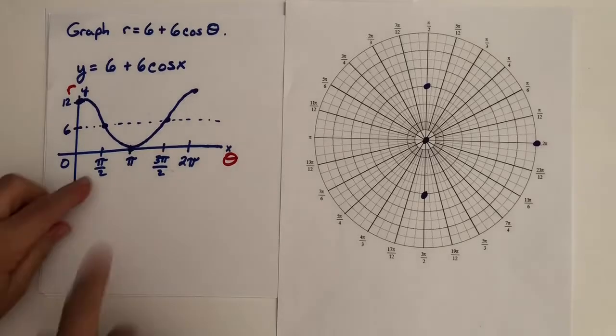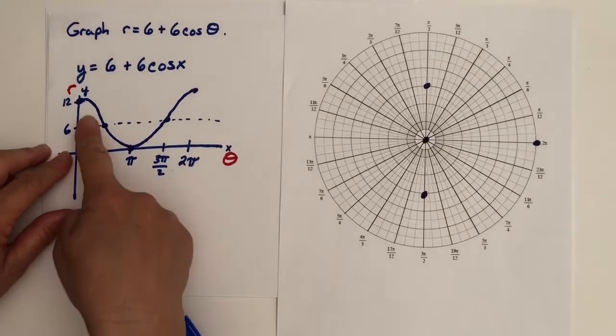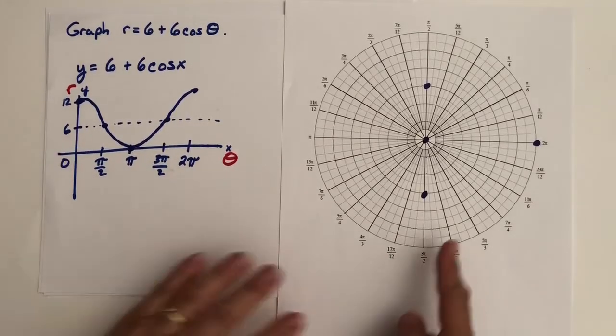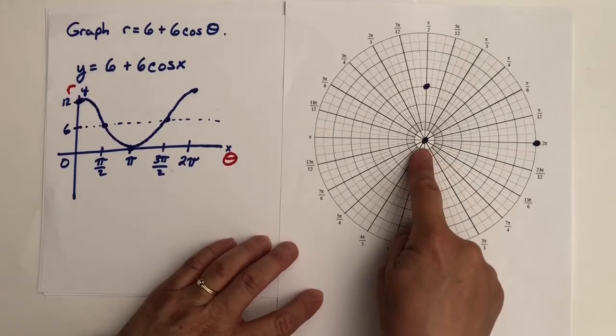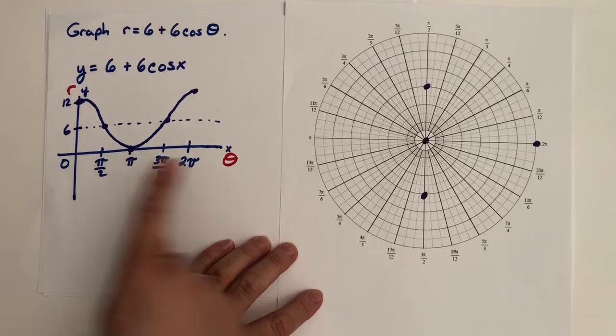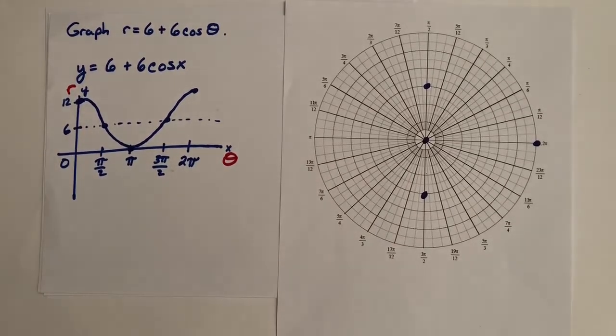Notice here that there is nowhere on this graph where the graph actually crosses the x-axis. So there is nowhere on this polar graph where the graph will cross the pole. It's going to touch the pole as it touched the x-axis, but it won't cross. So I don't have any lines to draw for lines of tangency.